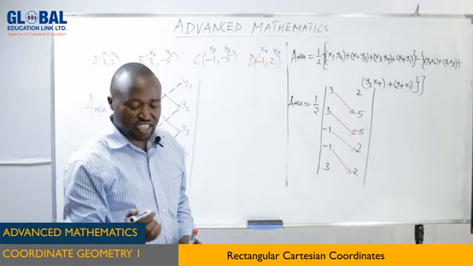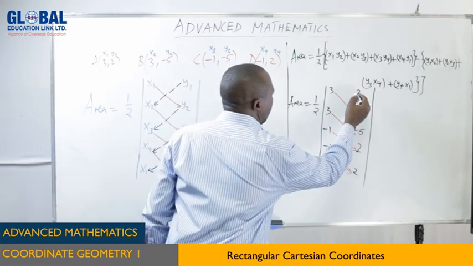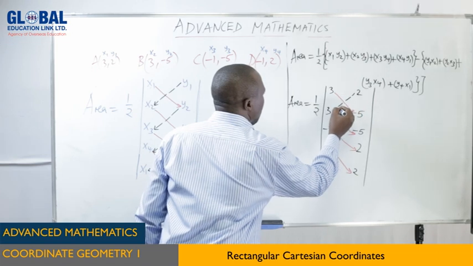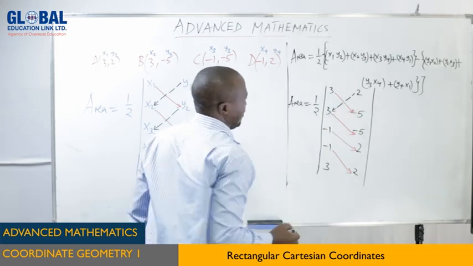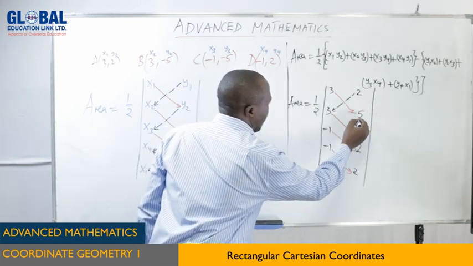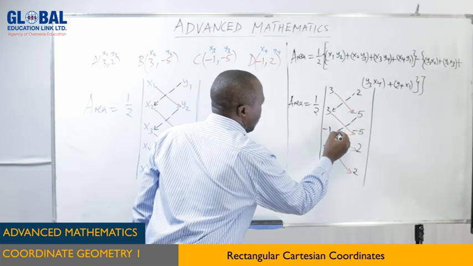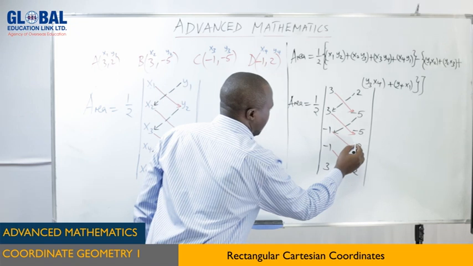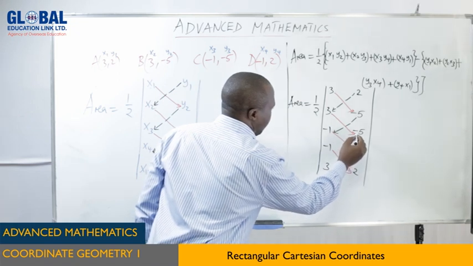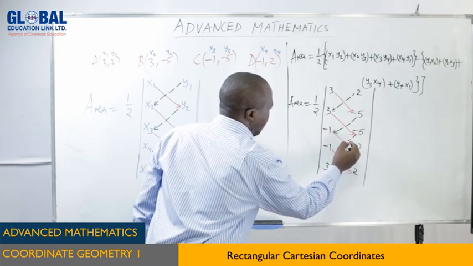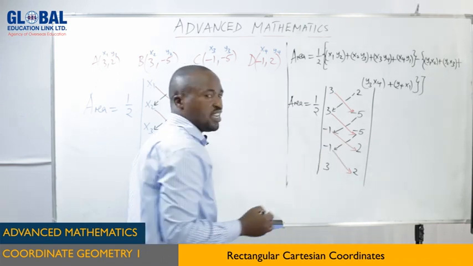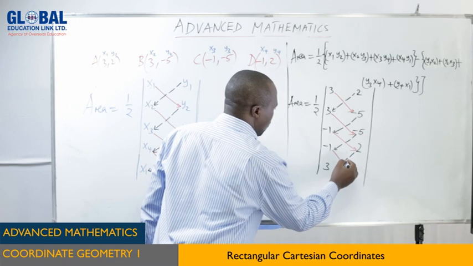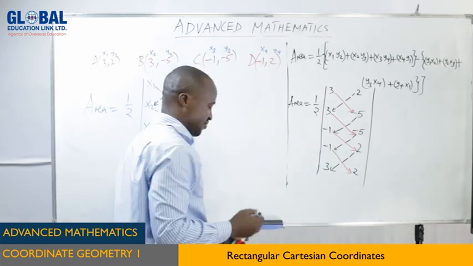For the case of dotted arrows, we are going to have 2 with 3, then negative 5 with negative 1, then negative 5 with negative 1, and the last one will be 2 with 3.